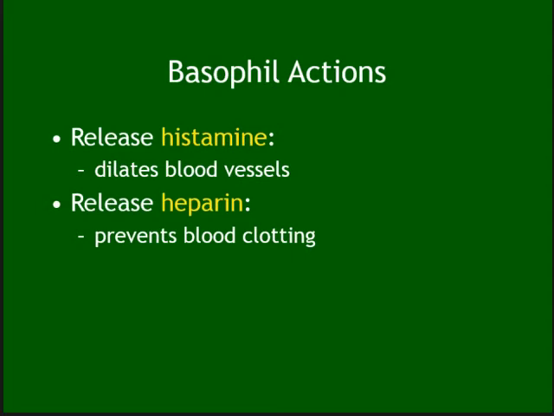Dilate the blood vessels so more blood will come and prevent the clot. If the clot happens, you know the clots, right? Clotting of the blood will block the blood from coming. So the goal of basophils is bringing help, bringing more blood. How? Histamine, vasodilation; heparin, prevent blood clotting.